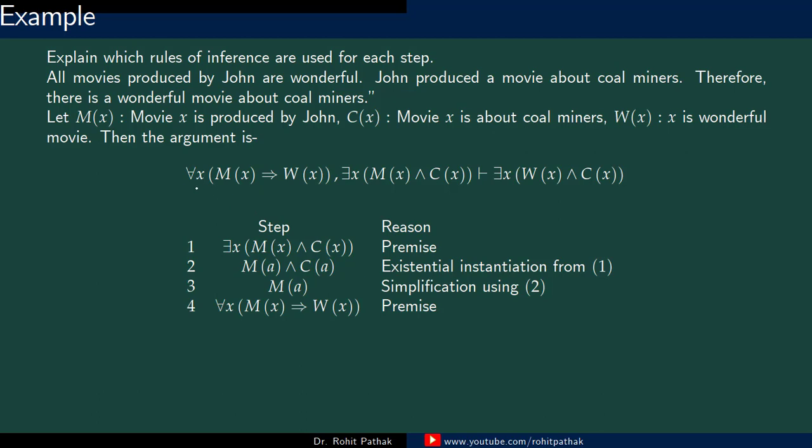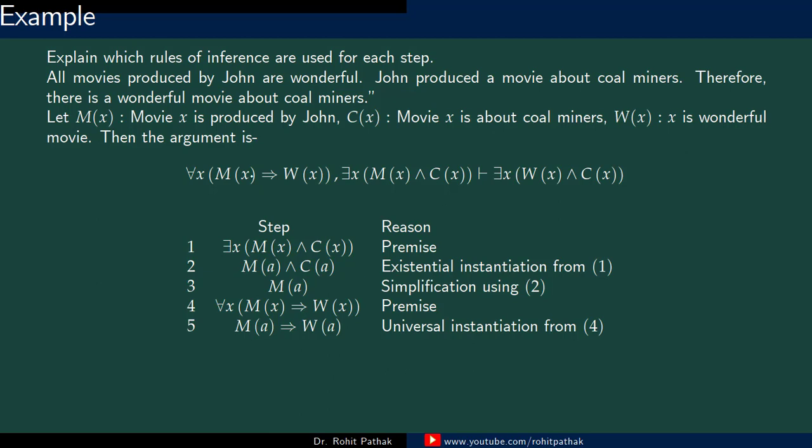Then taking the remaining premise, for all x, Mx implies Wx. That means all movies X, if produced by John, are wonderful. Then this is universal instantiation. The domain here is the domain of all movies.